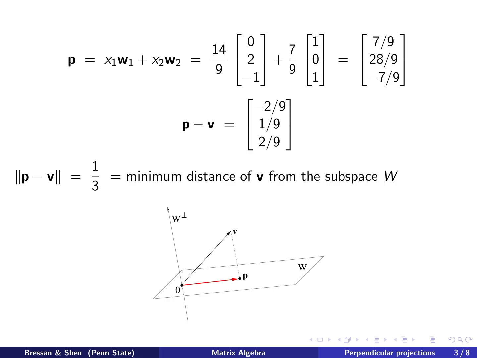The minimum distance will just be the length of this vector. So you compute the norm of this vector, which is the square of each element, add them up and then take the square root. If you do that, you find that it is 1/3, and 1/3 is the minimum distance of V from the subspace W.